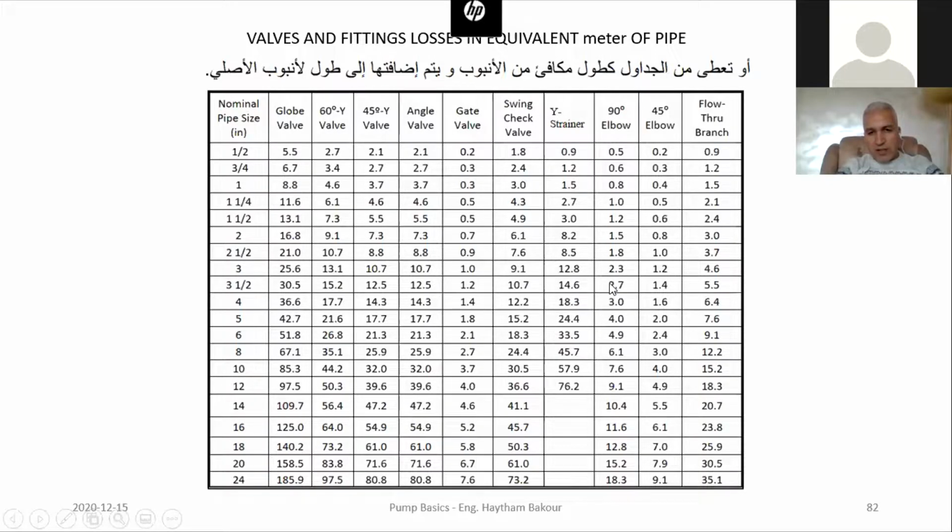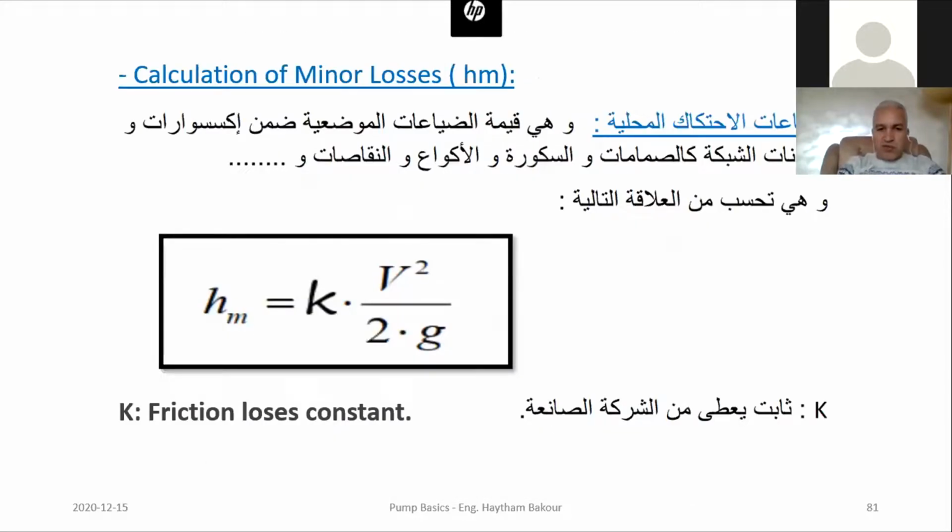So if we have 4 inches and the accessory is an elbow, the equivalent length is 3. This is different from the K multiplied by velocity. I'm going to explain that in detail. We are taking that from these tables.